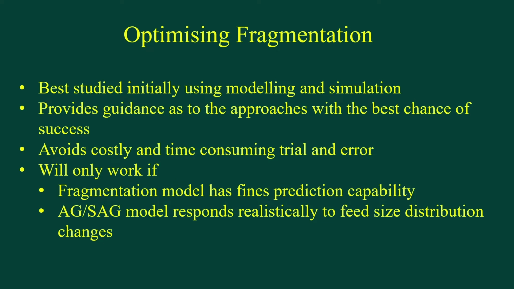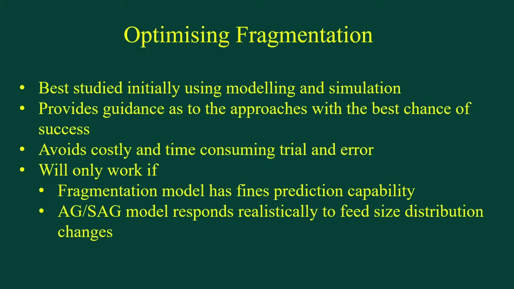A Kuz-Ram model won't do it. So whether you're going to develop your model in-house or get help from external consultants, you really do need to do your homework initially to make sure that the modelling capability that you are using is able to meet this requirement.